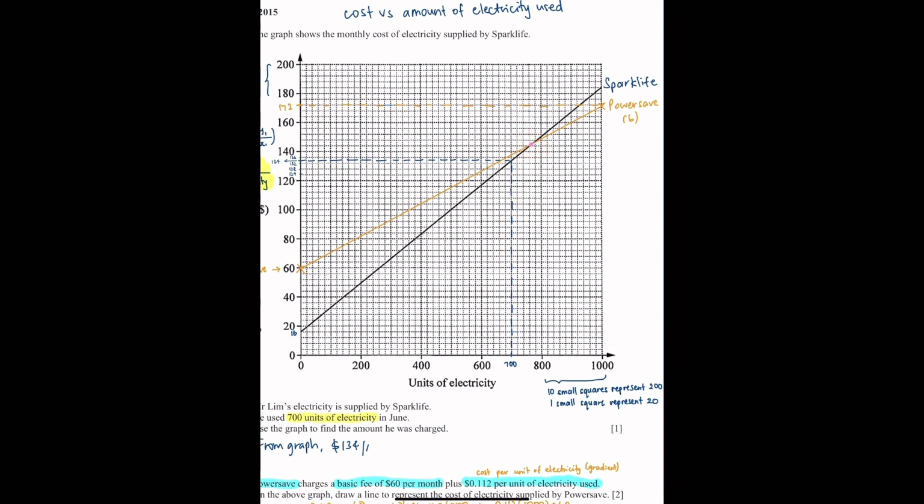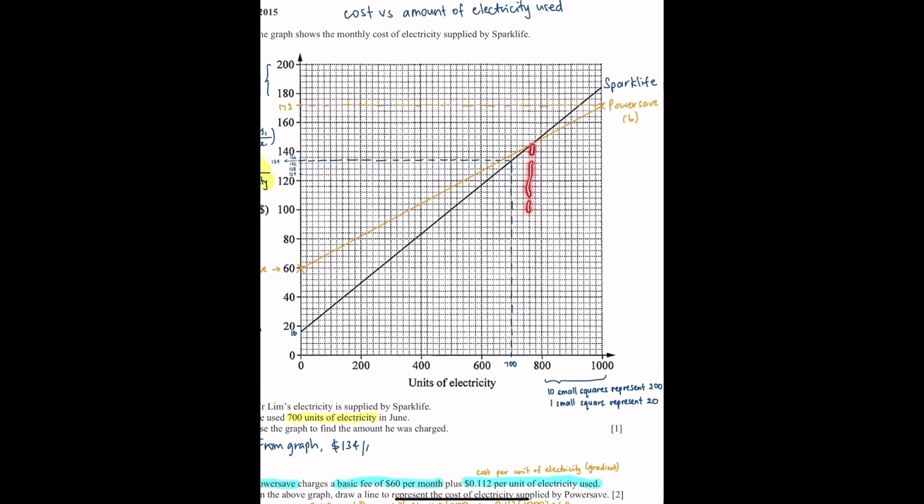If you notice, on the left of this pink dot, PowerSave's line is above SparkLife's line. This means from 0 units of electricity to this particular value over here, PowerSave costs more than SparkLife. On the right of this intersection, you notice that PowerSave's line is below SparkLife's line.